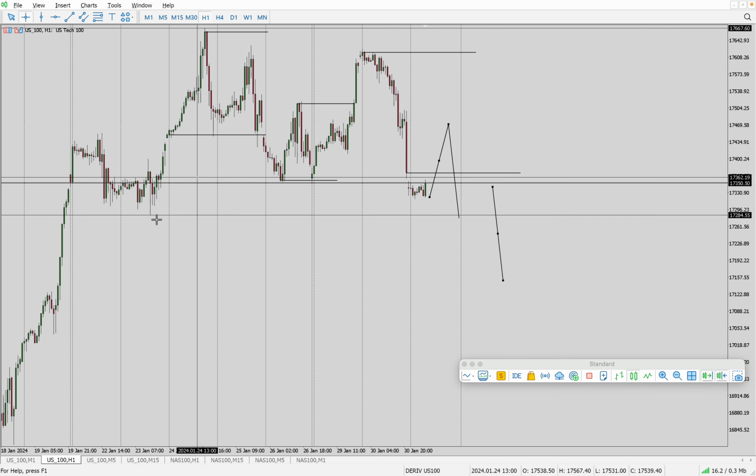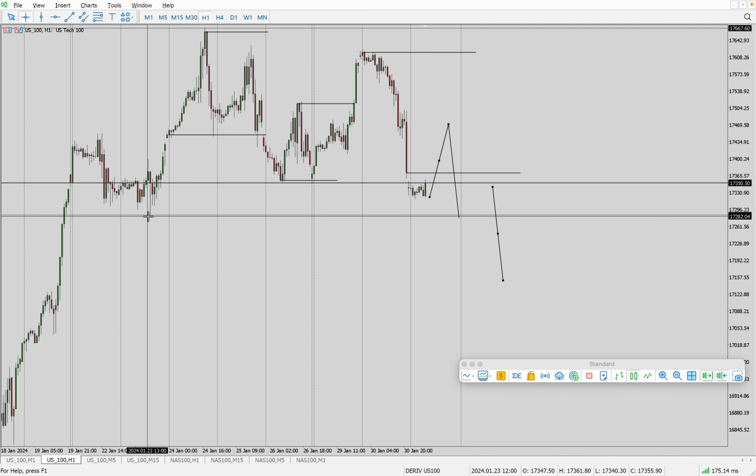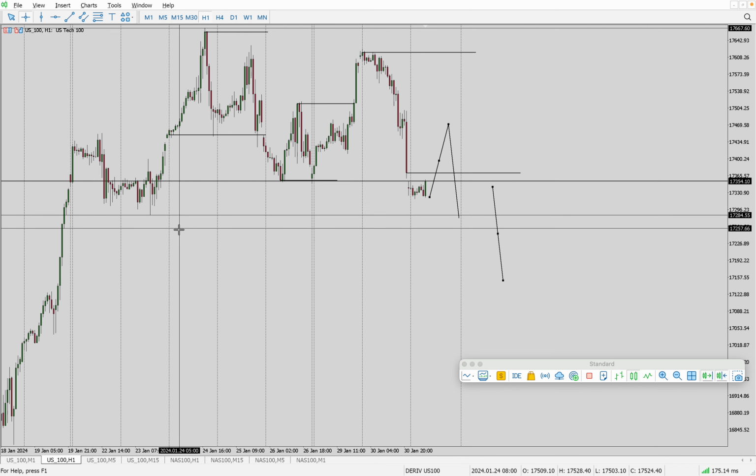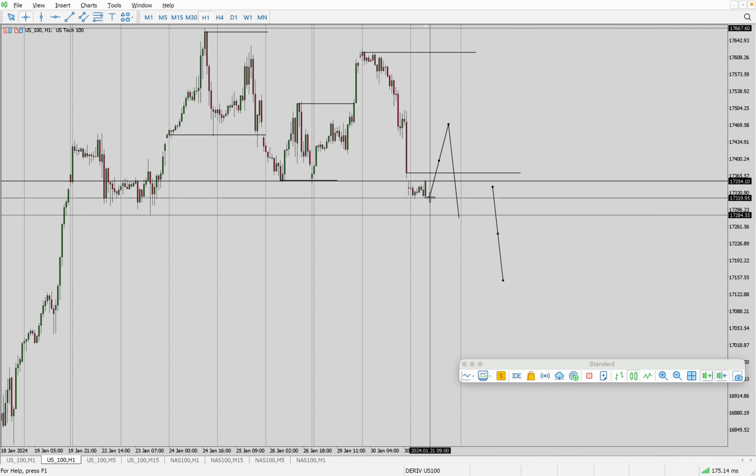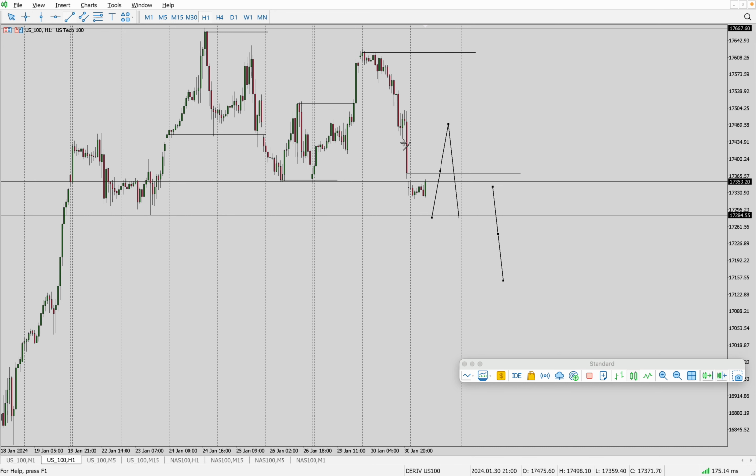Let me check that out. Yes, it's the low of the week from last week. So we can see price trade beneath that first initially before it retraces back into this candle. Alright, and then moves back into consolidation.